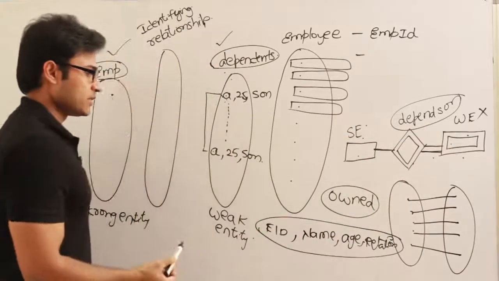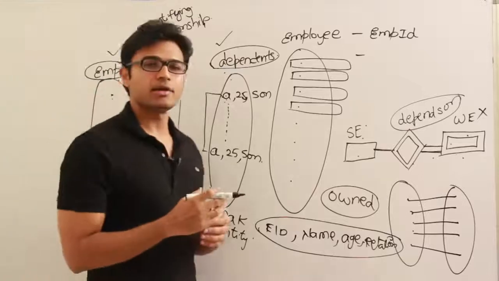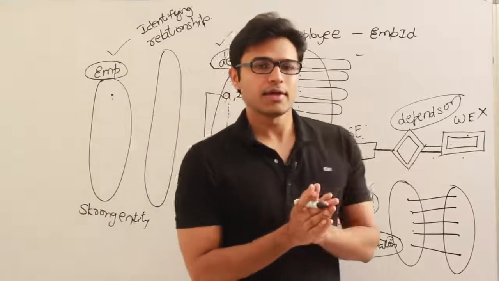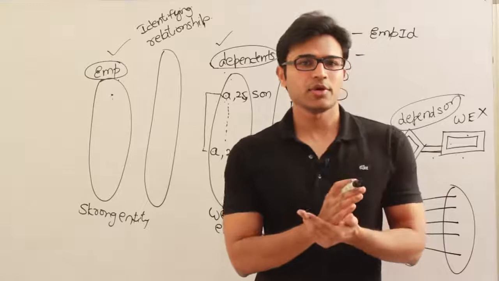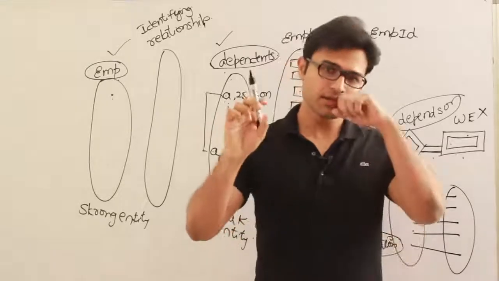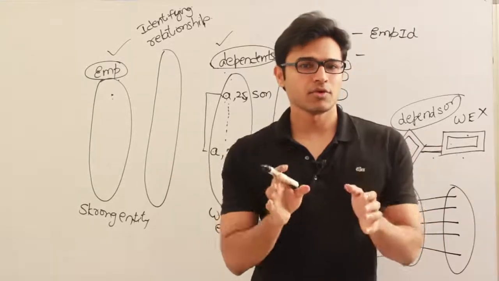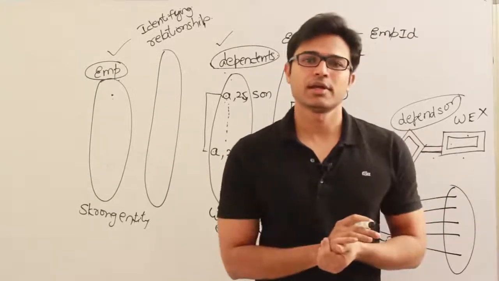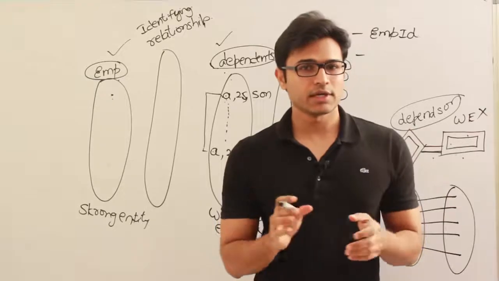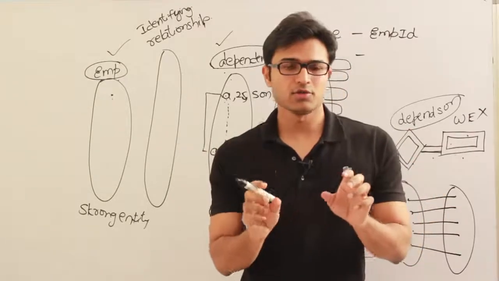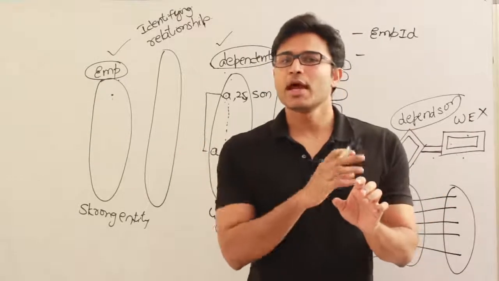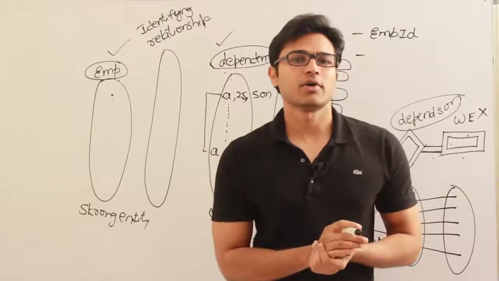Sometimes we may not be able to identify an entity uniquely by using one attribute. Then we take more than one attribute to uniquely identify it, which means we can combine some of the attributes to make a composite attribute, and use that to identify it.